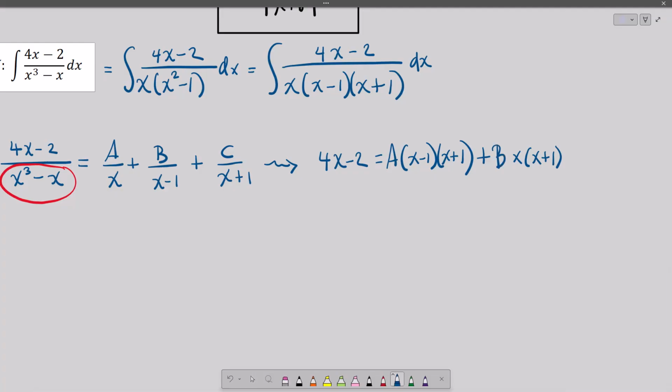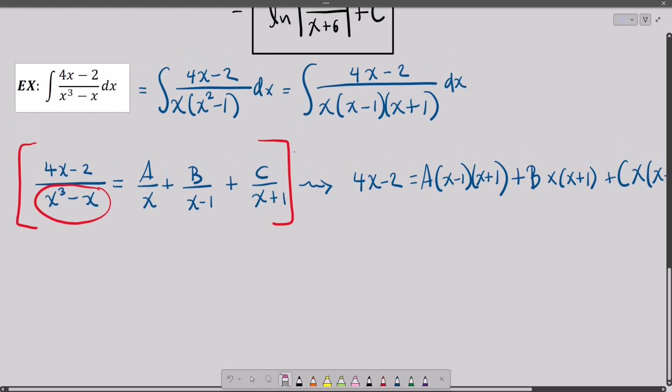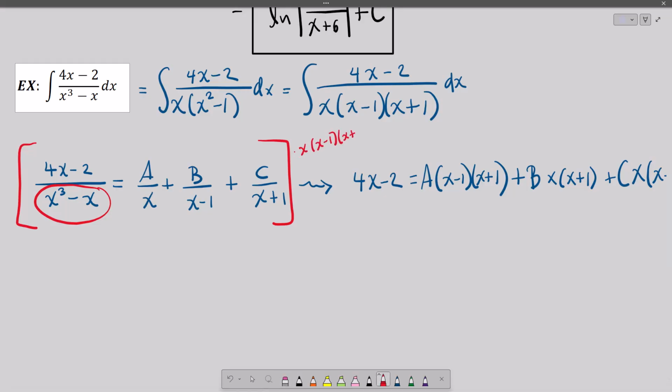And when we multiply it by the third one, we'll get c times x minus 1. So we're multiplying the entire equation by x times x minus 1 times x plus 1.